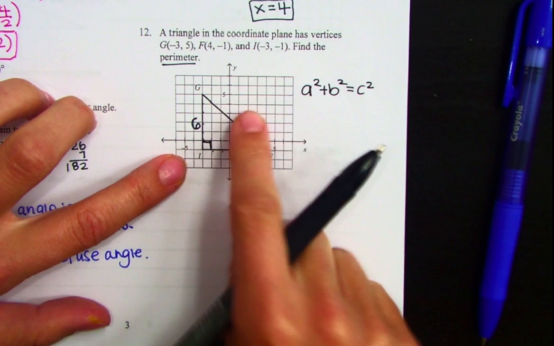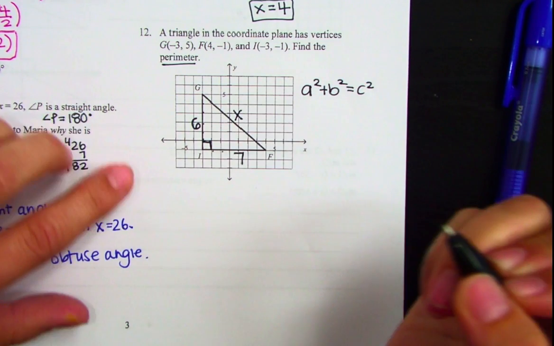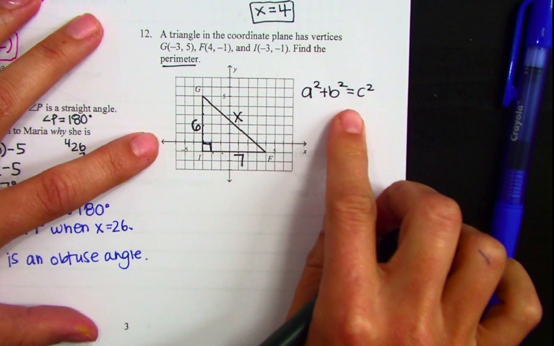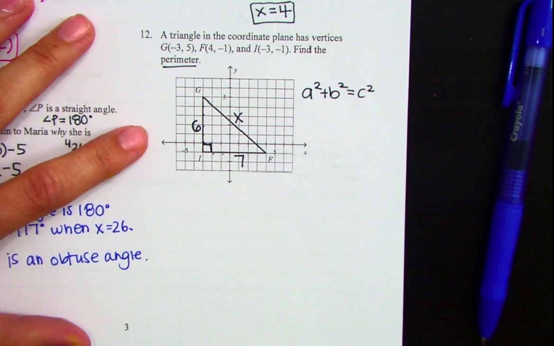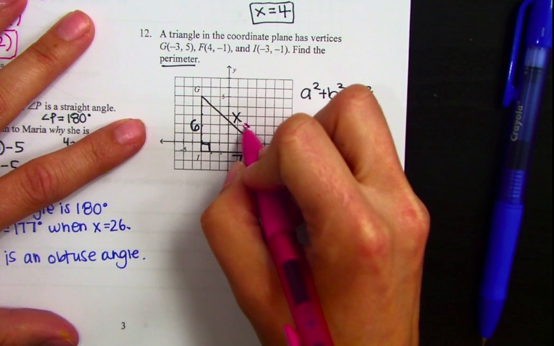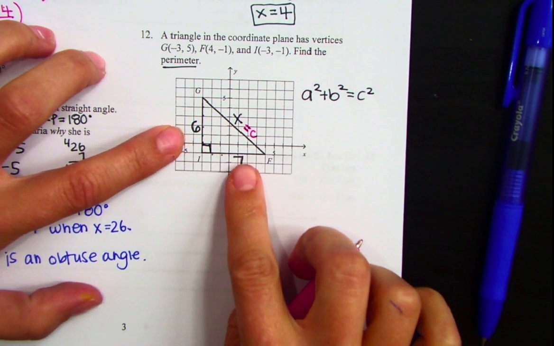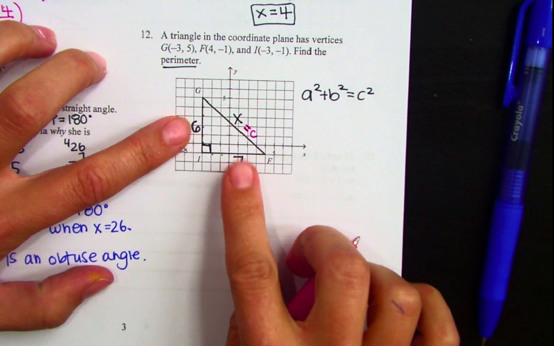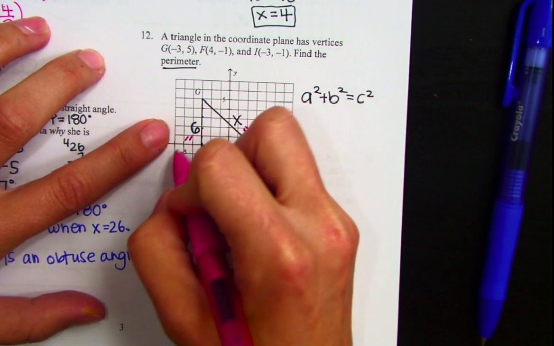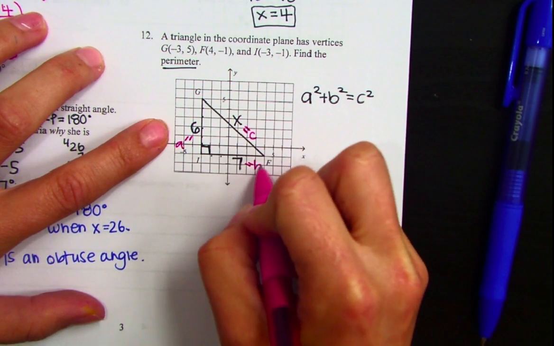So we're going to find this missing side x using the Pythagorean theorem. But we have to remember that the hypotenuse is always plugged in for c. So x will be plugged in for c, and then a and b go for the legs, and those are interchangeable. We'll just let a be 6 and b be 7.